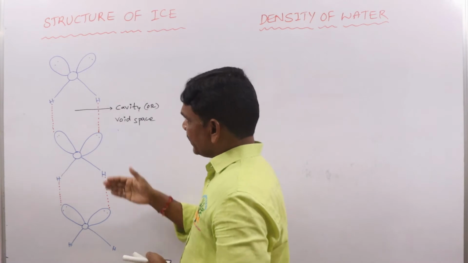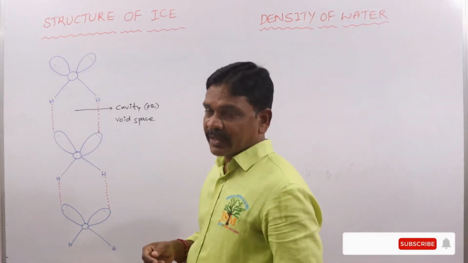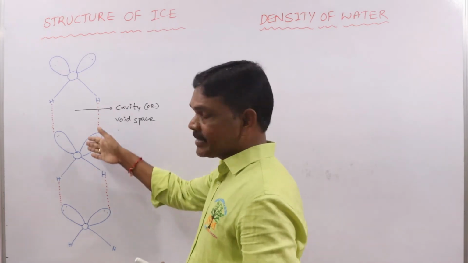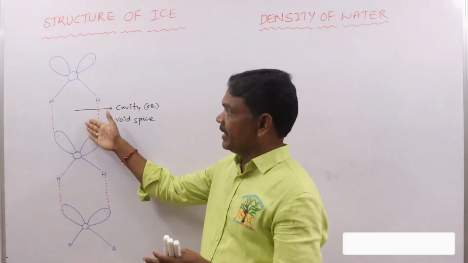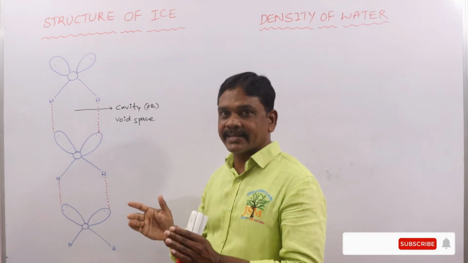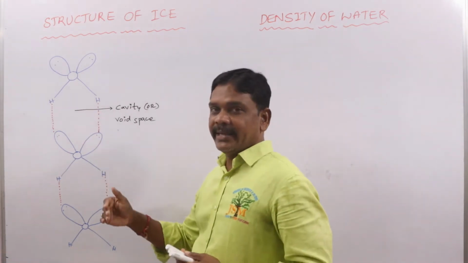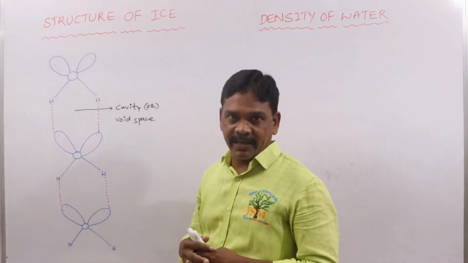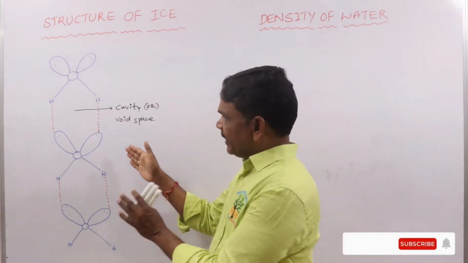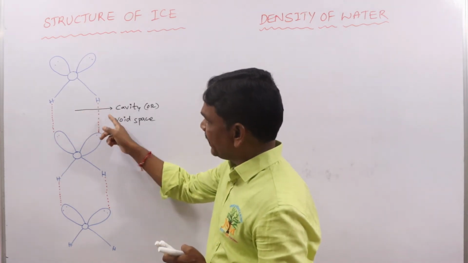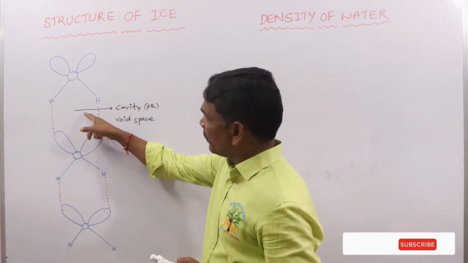Now in this empty space, air gets filled, so that the density of ice is less than water, and the volume of ice is more than water. So like this, in the formation of ice, an empty space or cavity or void space is formed.